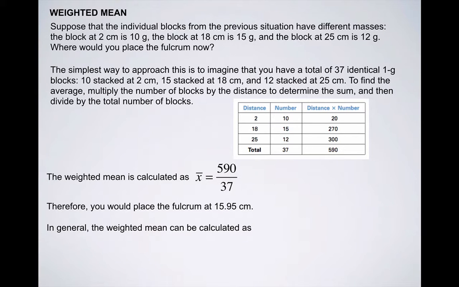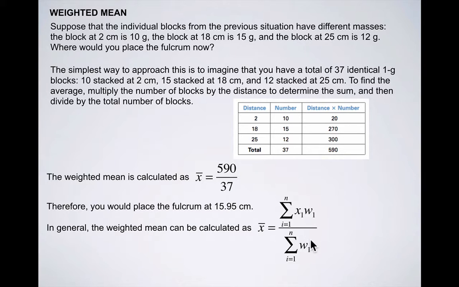Now, in general, a weighted mean can be calculated as follows, and in this case, I'm arbitrarily saying it's a sample. So the mean is equal to the sum of all the values times the weight, and we divide that by the sum of the weights.